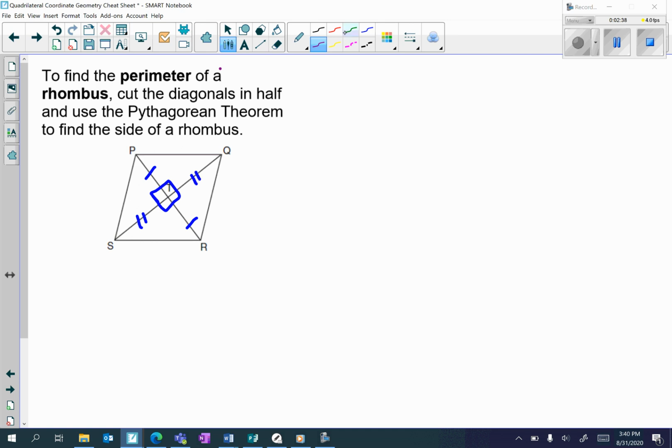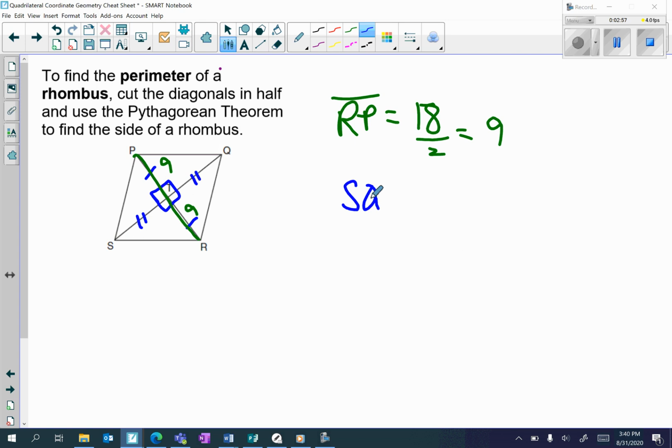So for example, if I had RP as 18, the length of this diagonal, I would cut it in half and I would get 9. So PT is 9 and TR is 9. Then if I had SQ was, let's say, 10, I would divide it by 2 and get 5. So ST would be 5 and TQ would be 5.